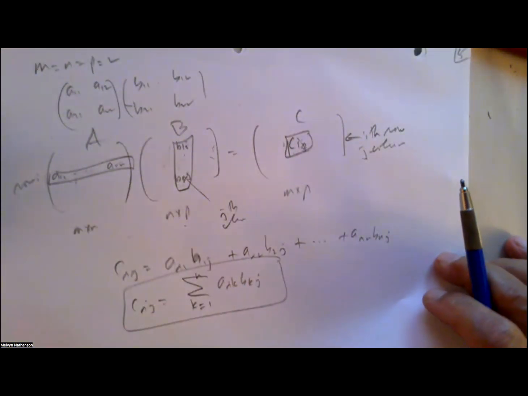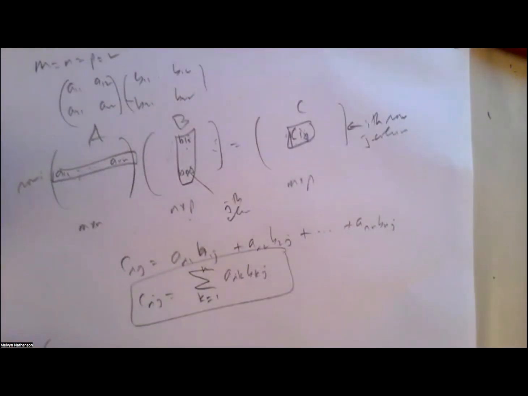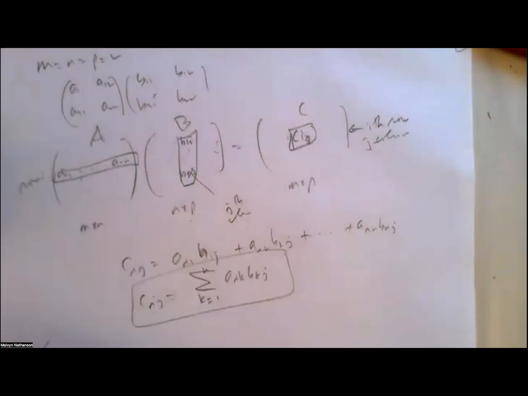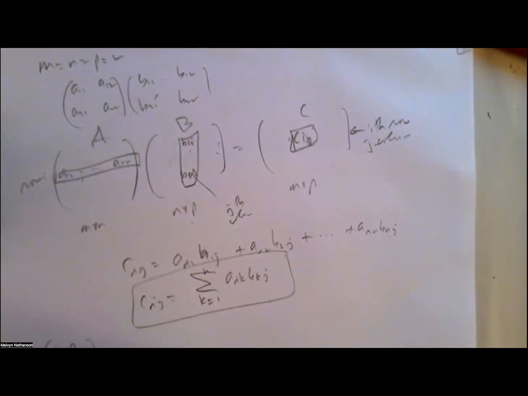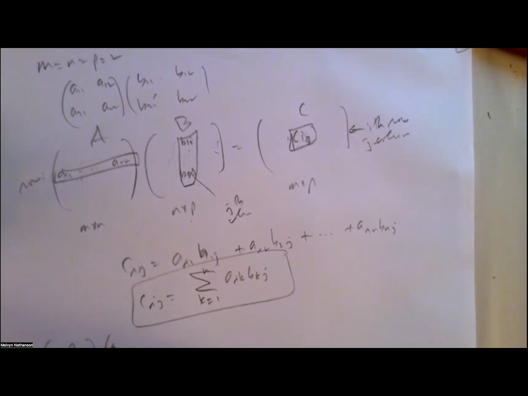I'll just write down another example. Suppose I take the 2 by 2 case. So suppose I take a matrix, I don't know, 1, 2, 3, 4, and a matrix 5, 6, 7, 8.